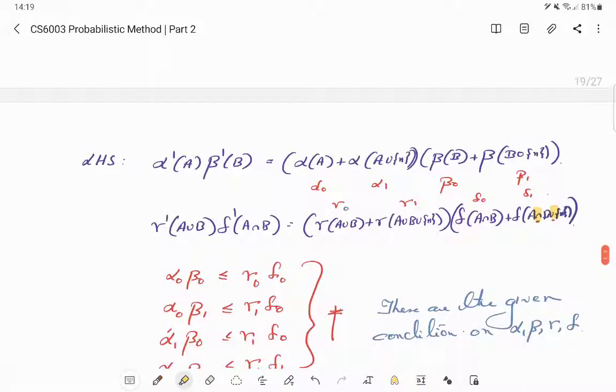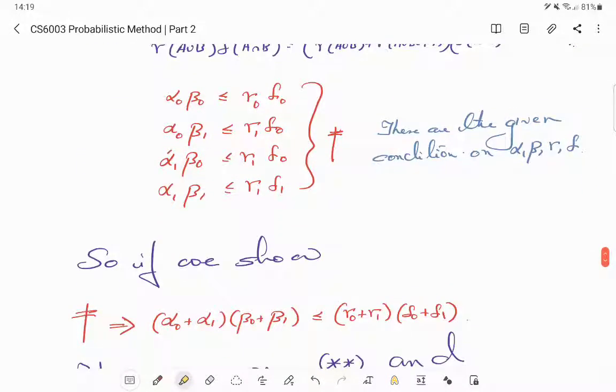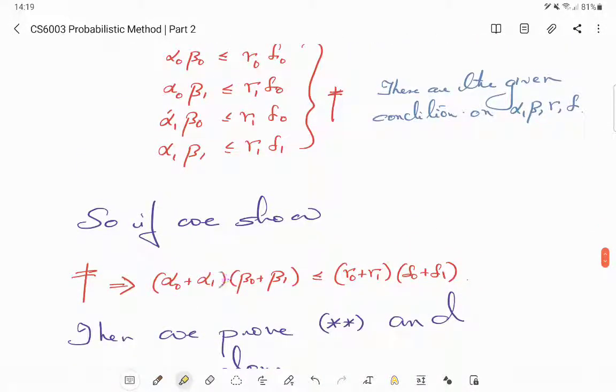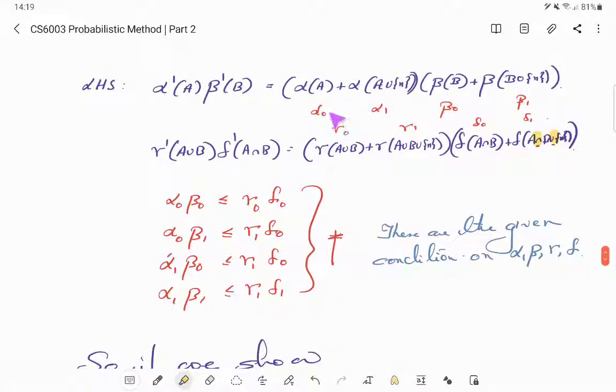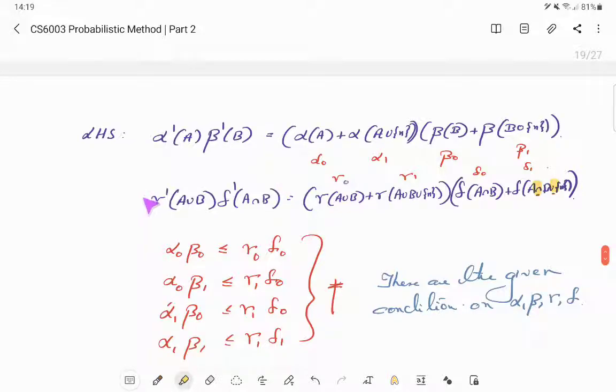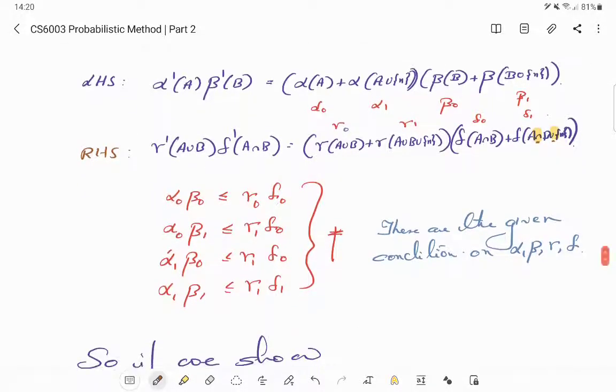So what I have to prove finally is this claim: alpha 0 plus alpha 1 times beta 0 plus beta 1 is less than or equal to the RHS, which is gamma 0 plus gamma 1 times delta 0 plus delta 1. But that's what we want to prove.